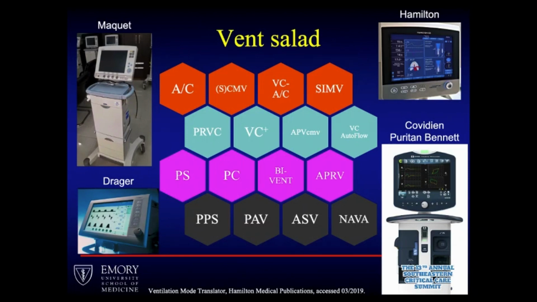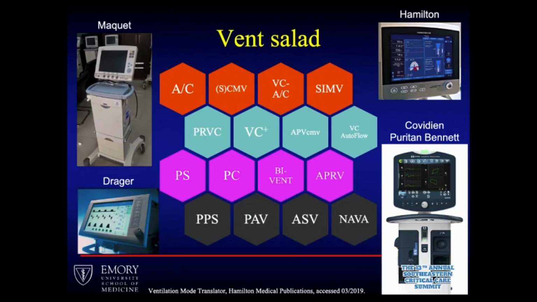They all call things different names, but they may be the same. Where I trained, we used assist control ventilation, which was standard volume control. Volume assist, volume control, that's what I would call it if I have my own brand. But that's also called other names by other brands of ventilators. So there's some confusion just in the names.